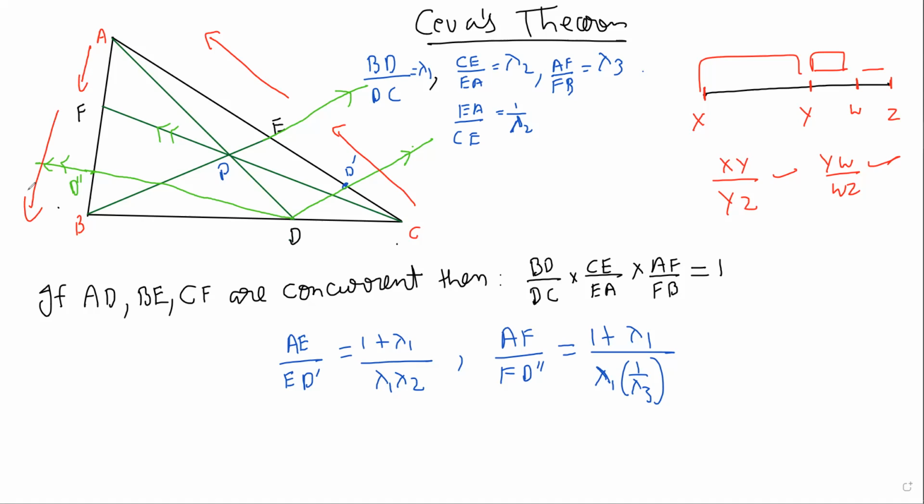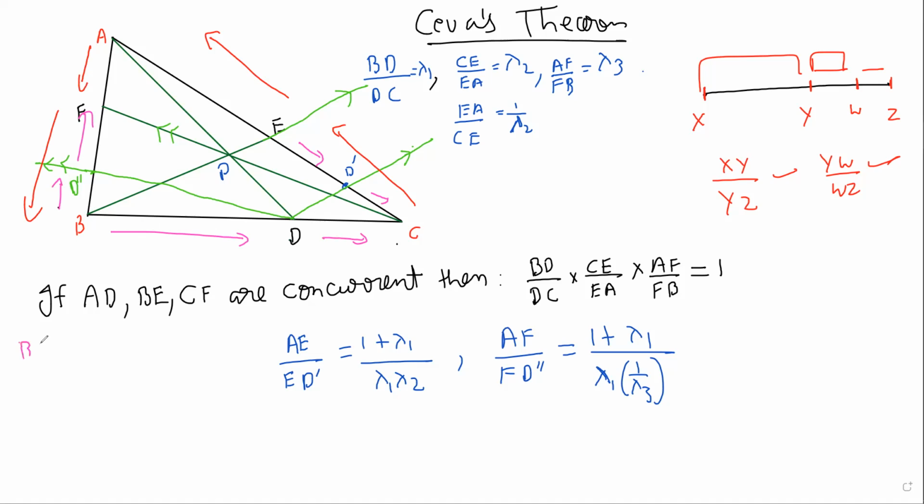You may think that lambda 2 then should not be replaced by lambda 3, but you see, BD by DC is also getting adjusted, right? BD by DC was from this, but in this one, it is from bottom to top.